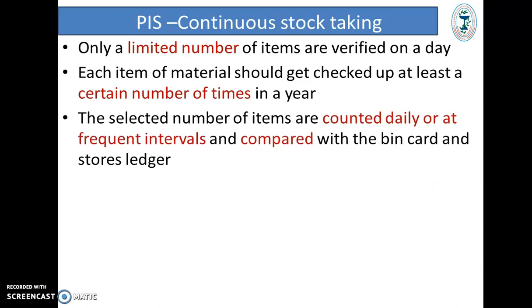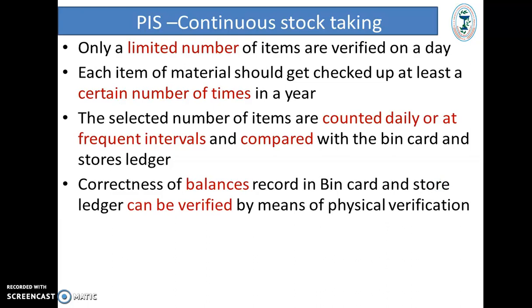The selected items are counted daily or at frequent intervals, and they are compared with the bin card and store ledger by the storekeeper. Bin card and store ledger record the balances, and their correctness can be verified by means of physical verification. Differences have to be pointed out to the management.